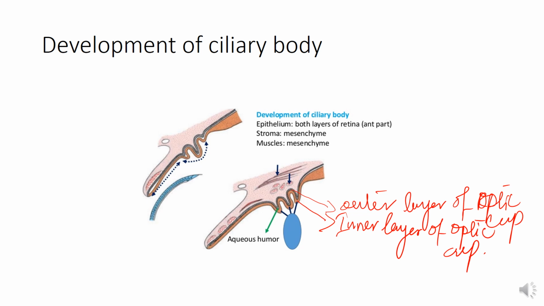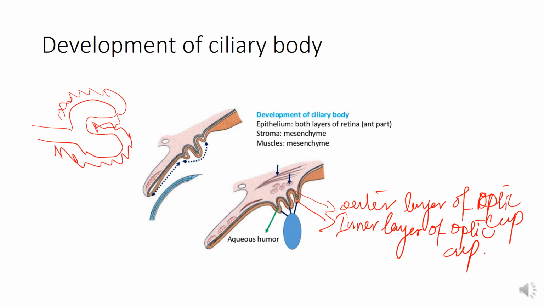The vascular stroma and the ciliary muscle, the smooth muscle of the ciliary body, are derived from the mesenchyme surrounding the optic cup. As I have shown you before, the optic cup is an ectodermal derivative, that is, it is derived from the neuroectoderm, which in turn is derived from the surface ectoderm, and surrounding this optic cup lies the mesoderm here.